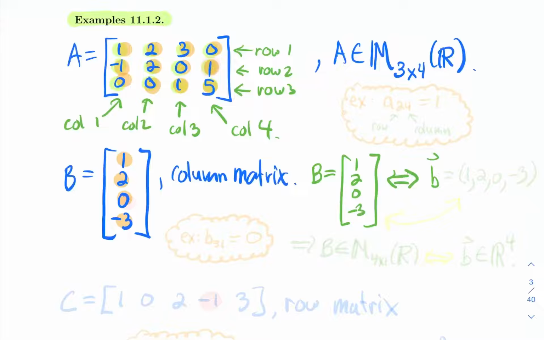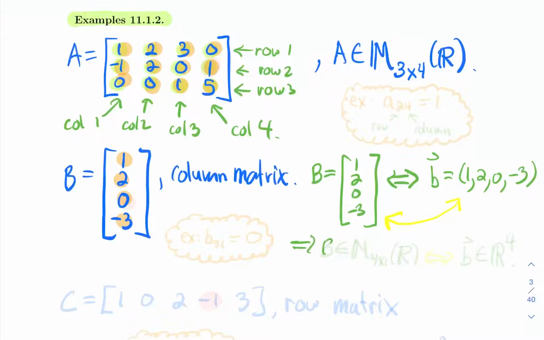So I'm just going to use a small b here. So we have a quadruplet of numbers 1, 2, 0, minus 3. So if we are looking at a vector and we want to use matrix notation and study them as matrices, because basically matrices are a bunch of numbers, just like vectors, the correct notation for vectors are column matrices.